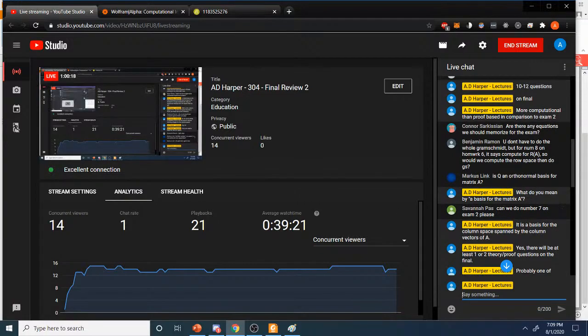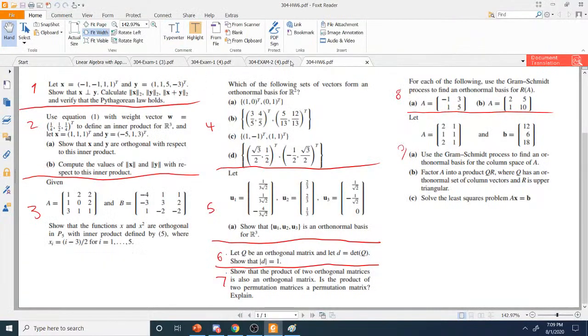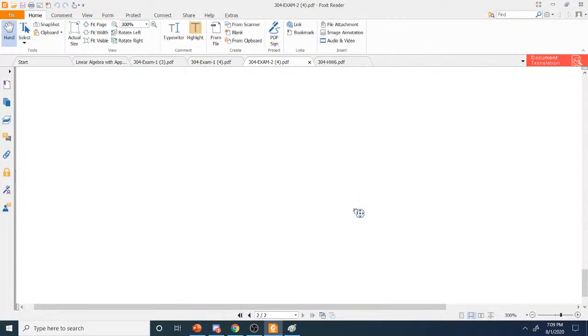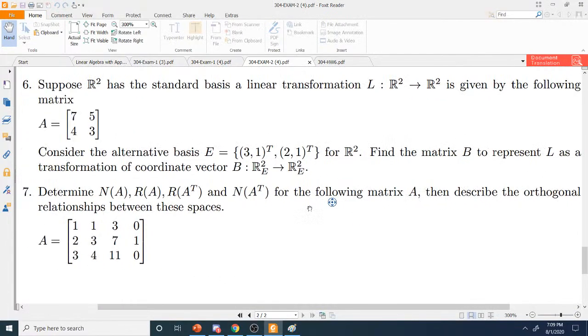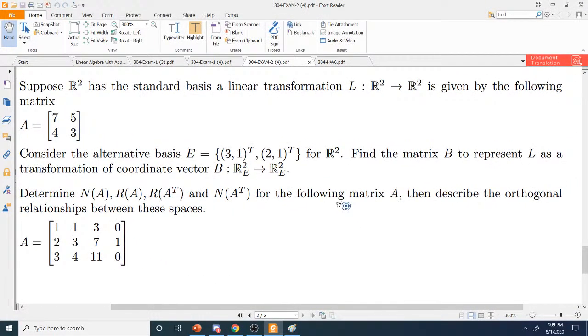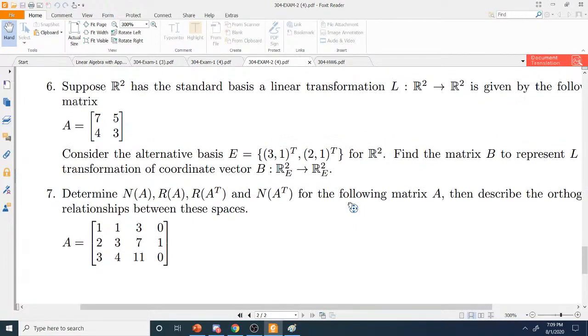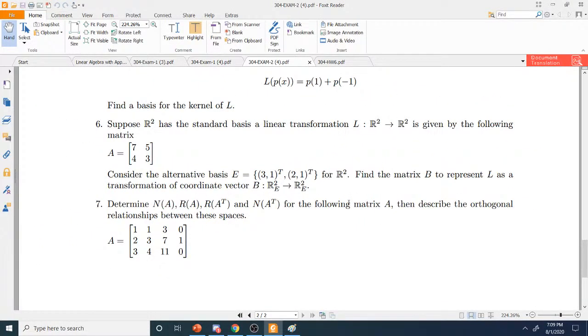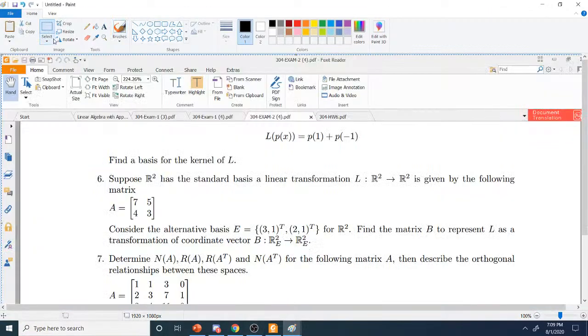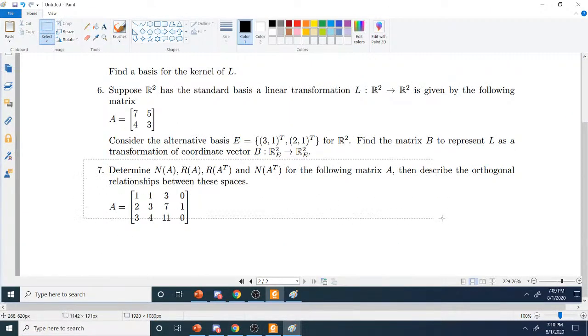Savannah asks, can we do number 7 on exam 2? So let's go over here and take number 7. This is actually not that hard of a problem.